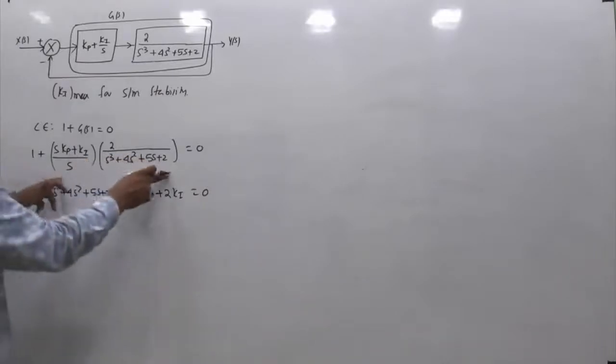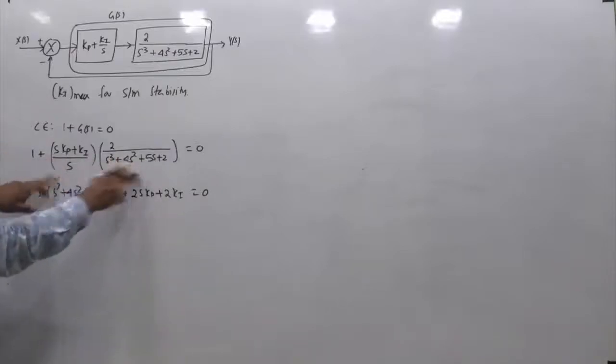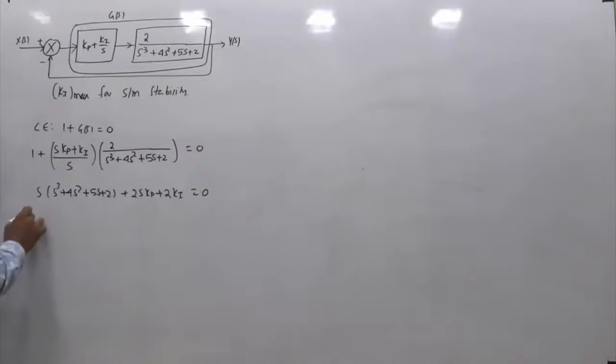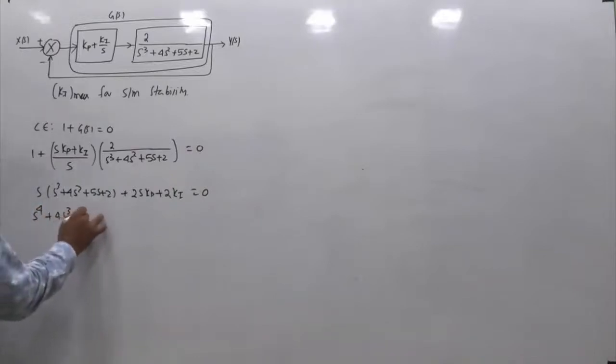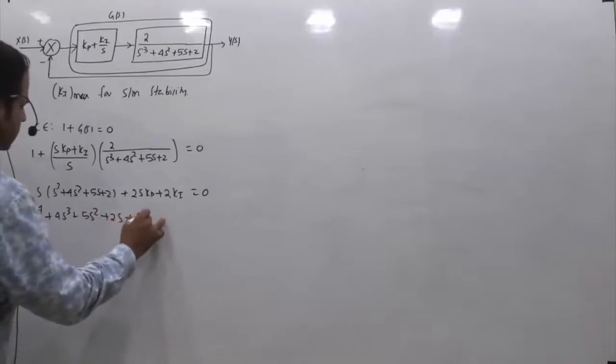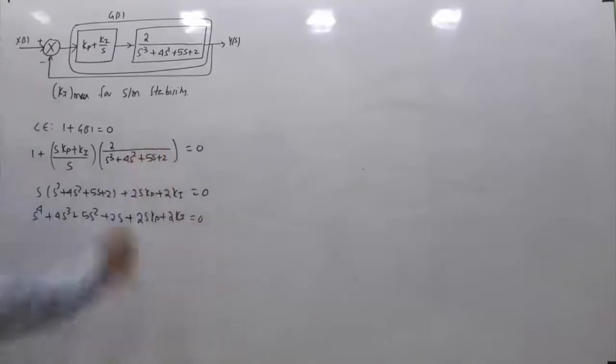I have just multiplied these factors here and here. Everywhere I am multiplying this, so this will be cancelled. So I am getting this factor here, and 0 into something is 0. If you simplify this, S power 4 plus 4S cube plus 5S square plus 2S plus 2S Kp plus 2 Ki equals 0.